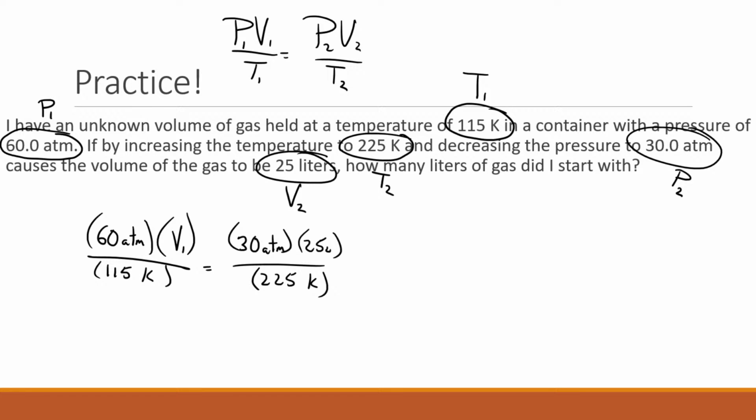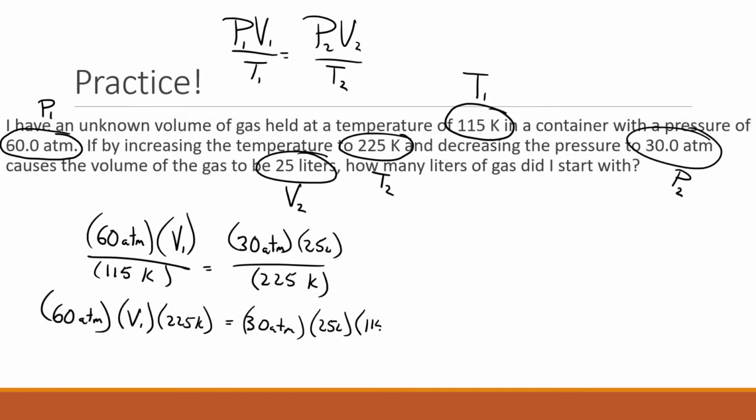When we want to solve this out, we need to do a little bit of algebra. We're going to cross multiply. So we're going to have 60 ATM, V1, 225 Kelvin equals 30 ATM, 25 liters, and 115 Kelvin. Cross multiplying our fraction to help solve it.